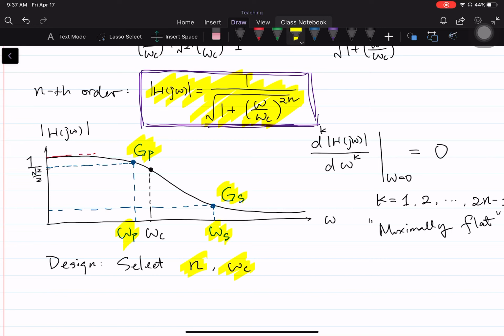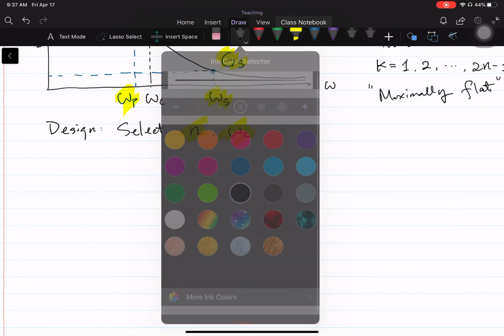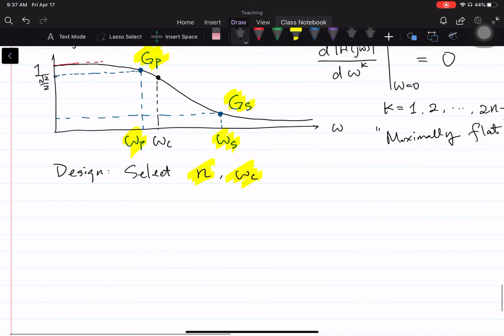No matter which one you use, you have to go back to the frequency response function. Let's suppose the design is given in terms of g sub p, omega p, g sub s, omega s, and see how we can utilize the frequency response function. One way is to make sure these two points are exactly on the curve.